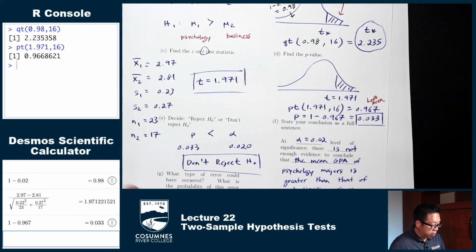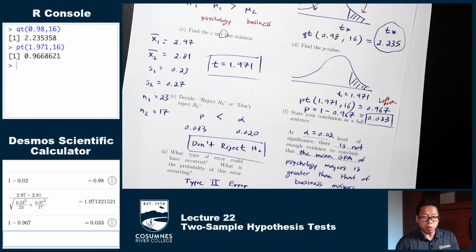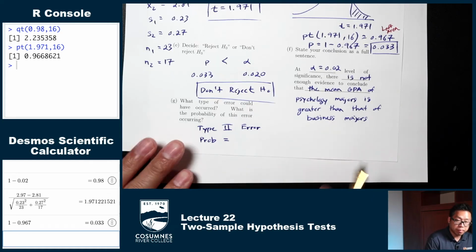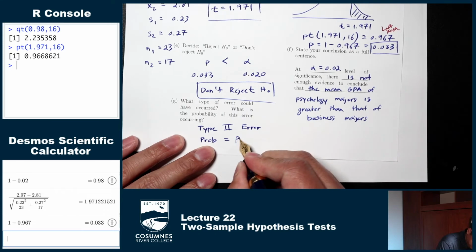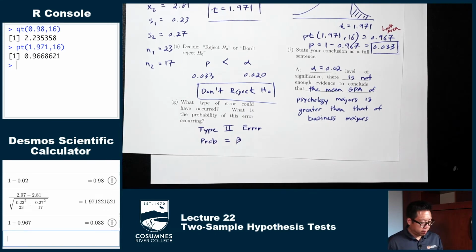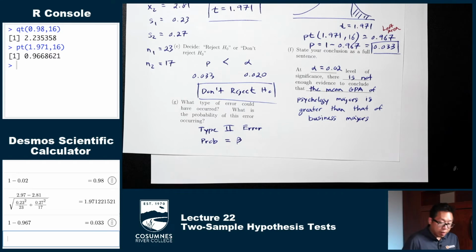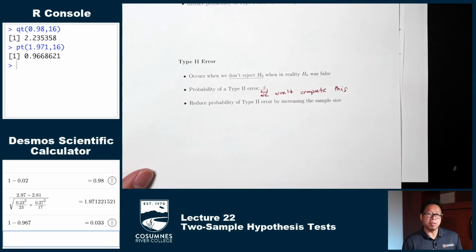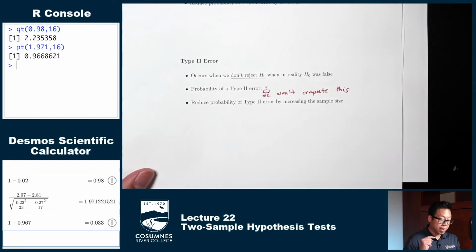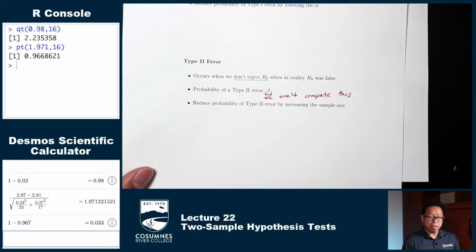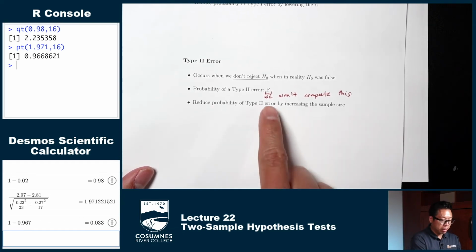If you have a type 2 error, the probability, you're just going to write beta. There is a way to compute beta, but that's a little bit too advanced for this class. If you take a more advanced stat class after this class, you will probably see a way of computing beta.